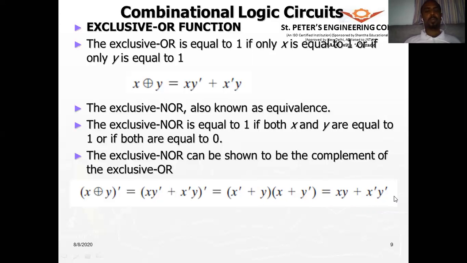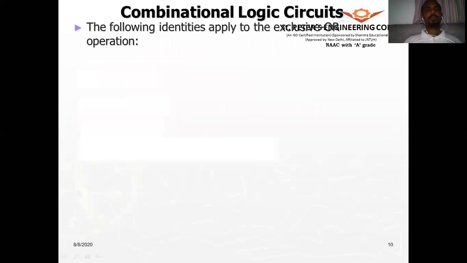So therefore, the output of the XNOR gate will be XY or X complement Y complement. So here it says that when X and Y both are 1, or when X is 0 and Y is 0, output is 1. So that is what we have shown here. Therefore, we have shown the XNOR operation and XOR operation.